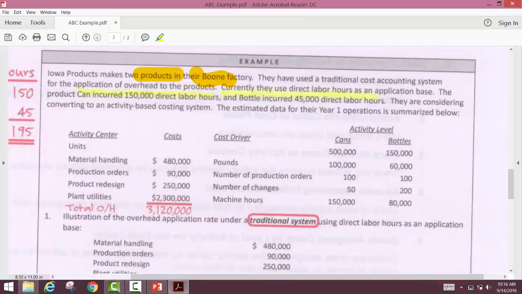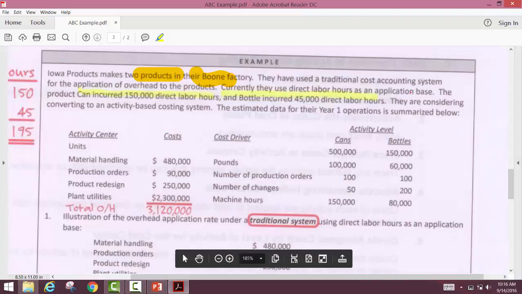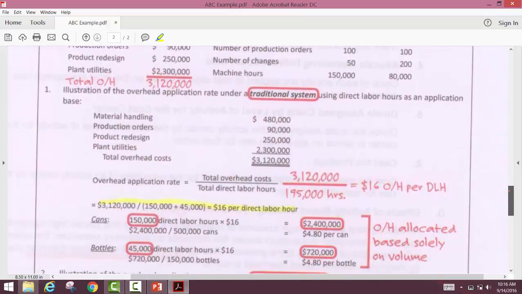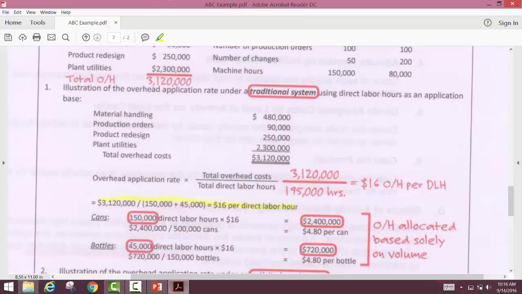In the traditional system, we would take the $3,120,000 of cost and divide it by the number of hours you see right here, and come up with an amount per direct labor hour.